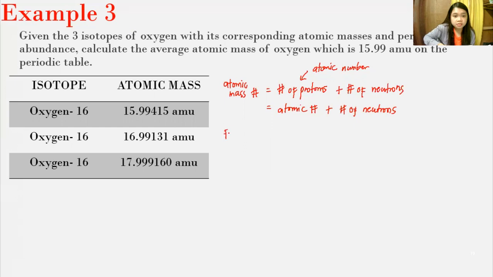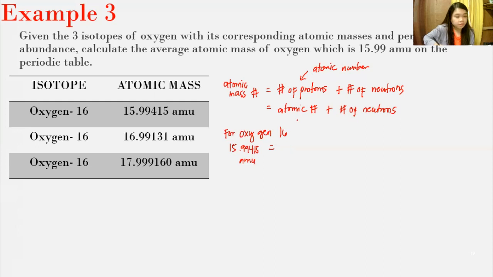For oxygen 16, since we wanted to know its number of protons and neutrons, we just use its atomic mass, which is 15.99415 atomic mass units.